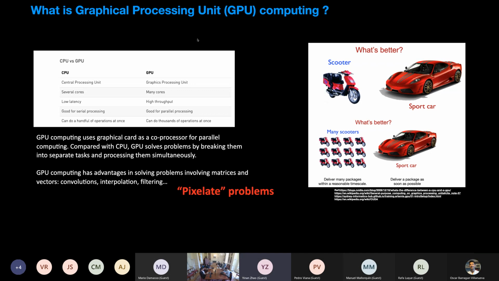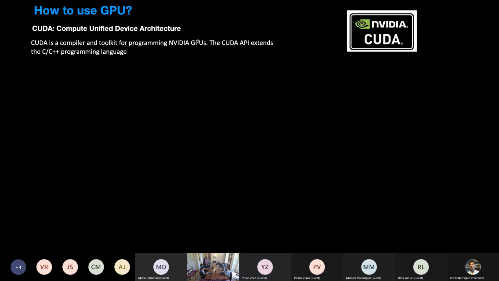In order to use the GPU to solve your problem, you need to pixelate your problem: break it into different pieces and solve them simultaneously.